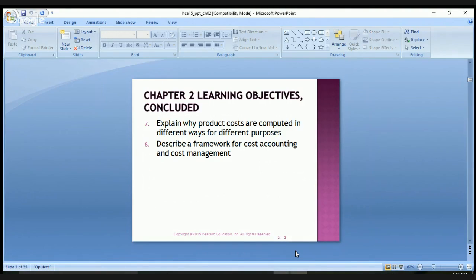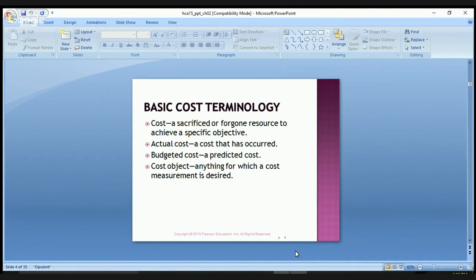So some of the important terms that you're going to need for this chapter is cost. Cost is a sacrifice or foregone resource to achieve a specific objective. So when we think of cost, normally what do we think of?